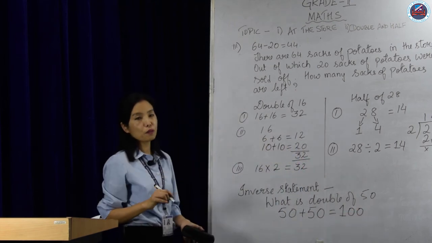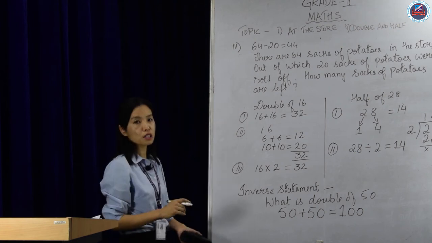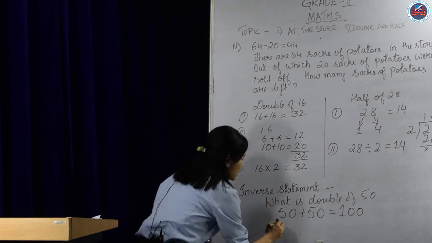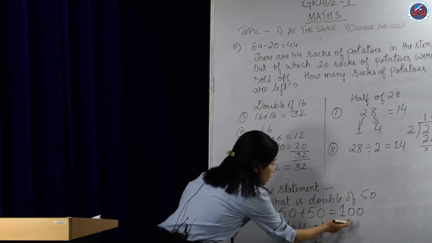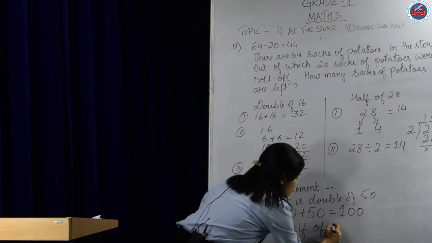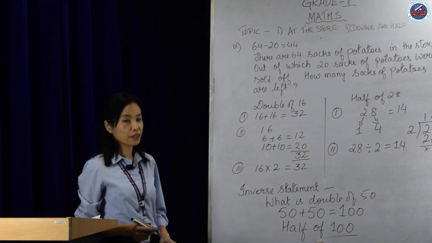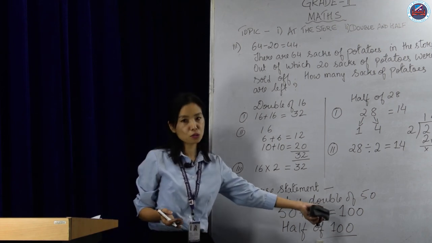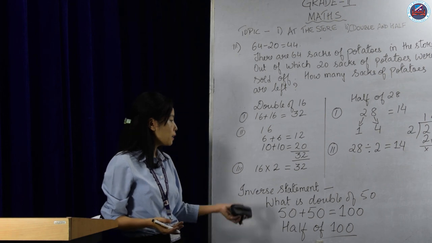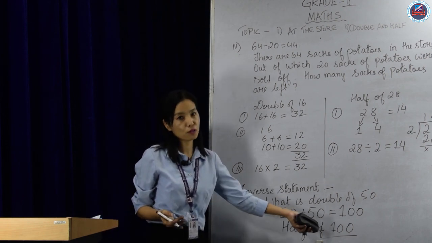Now how to write the inverse statement of this? The inverse statement for double of 50 will be half of the answer, and that answer is 100. So the inverse statement of double of 50 equal to 100 is half of 100.